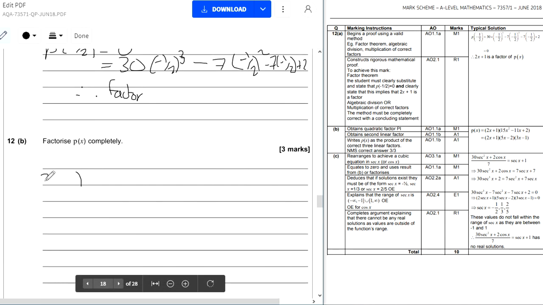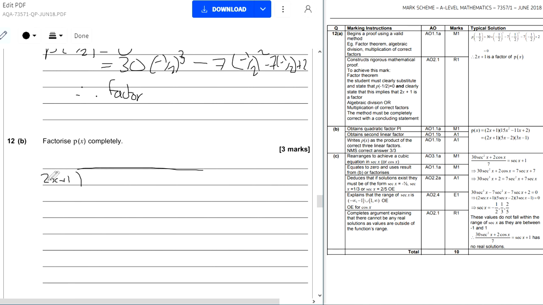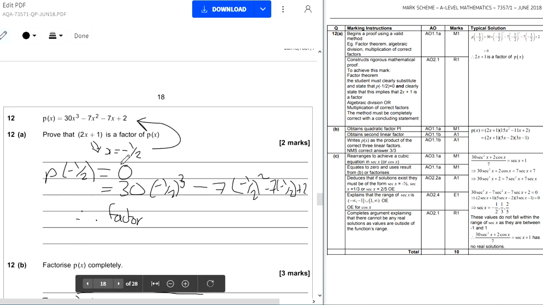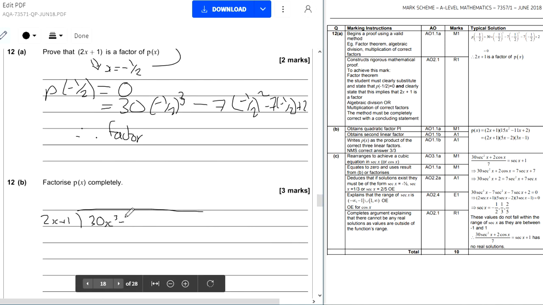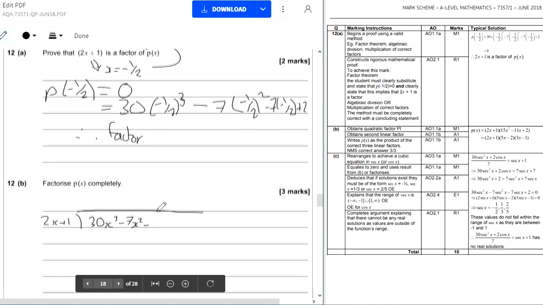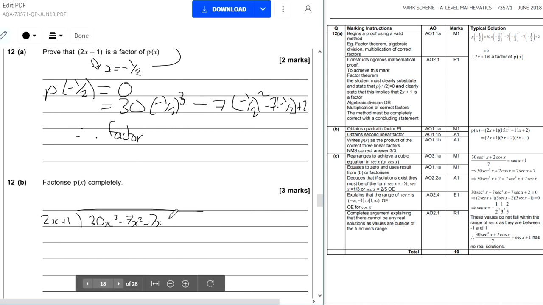So bus stop method, you write the term you're dividing by, and then your polynomial in here.